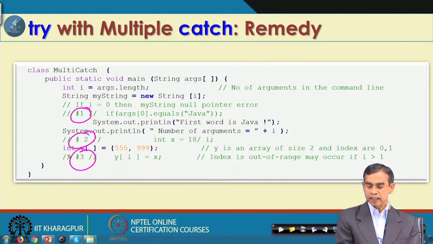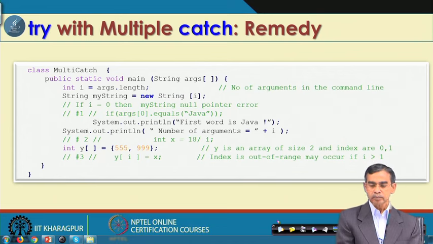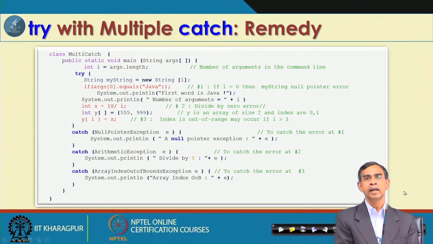Here is the idea of how we can handle them with try with multiple catch. We can include all the statements where an exception may occur under the try block, and for each exception we can plan a catch block. Here the program has been rewritten with try with multiple catch.